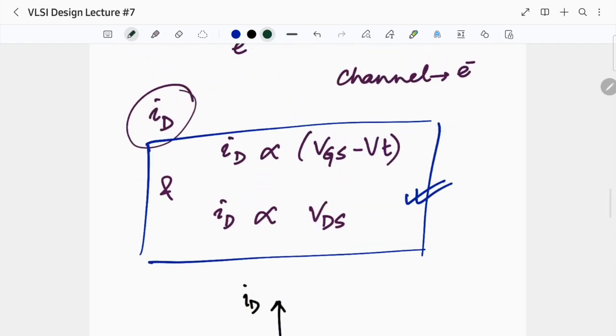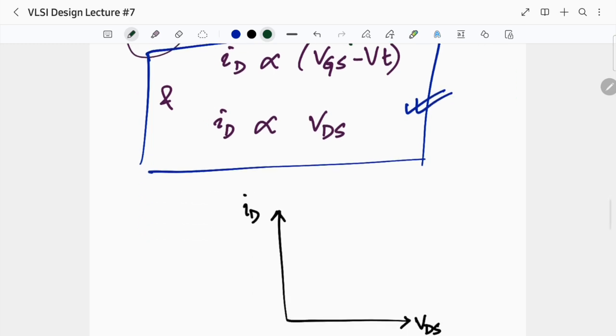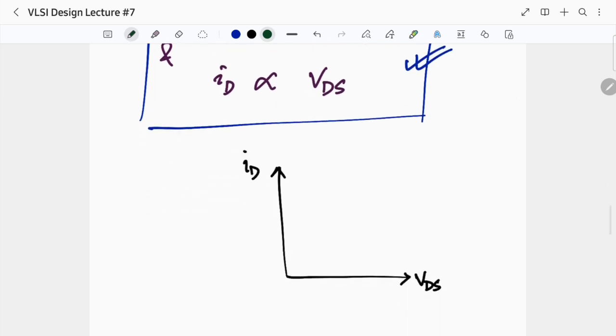See, there are two direct proportionals for ID, right? VGS minus VT, which is also called the excess voltage. One another term that we have to remember. If my channel is not formed, it means my device is not on.